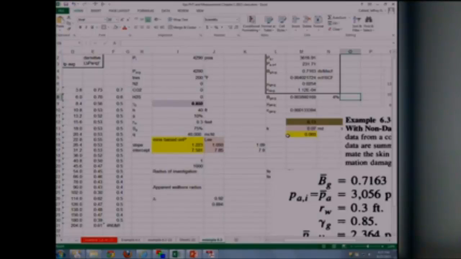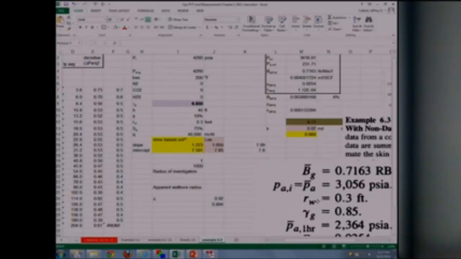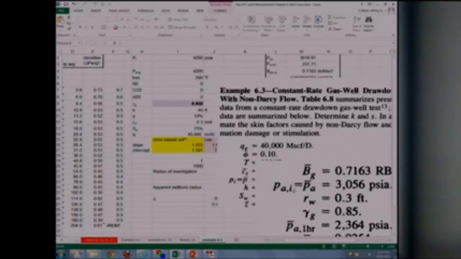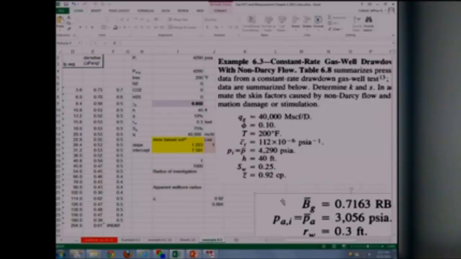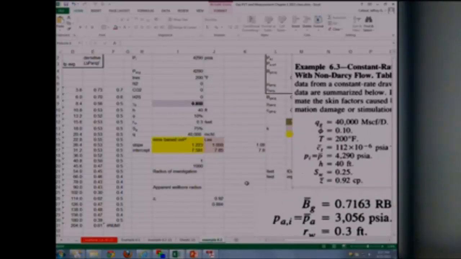I'm going to have to go with their gas gravity because they gave it to me, but I'm getting a pretty big discrepancy between what I would get for ZI and what they got for ZI. I got 0.89.